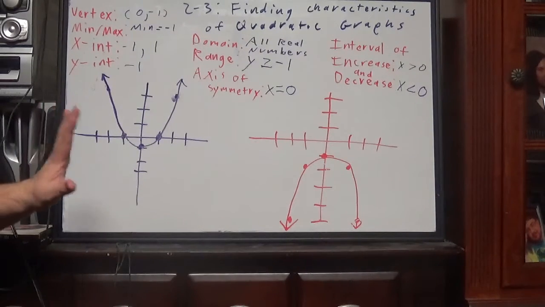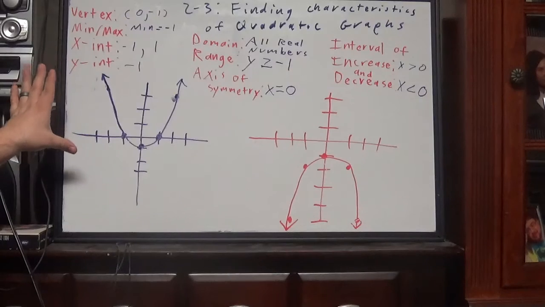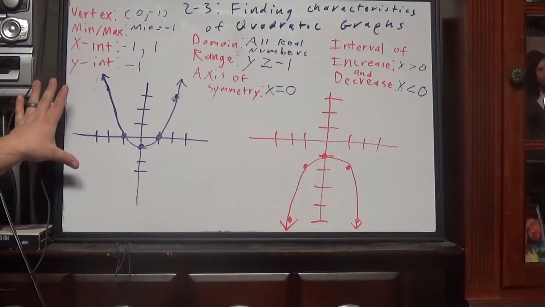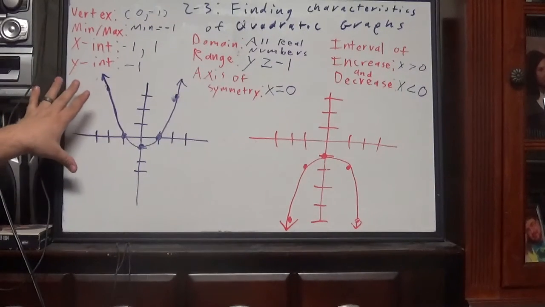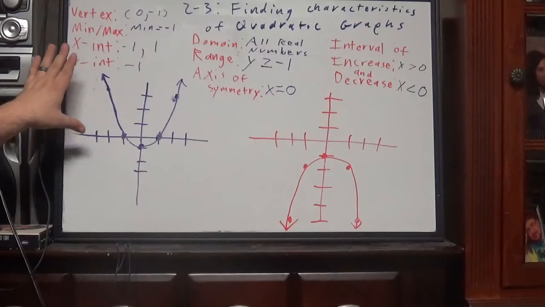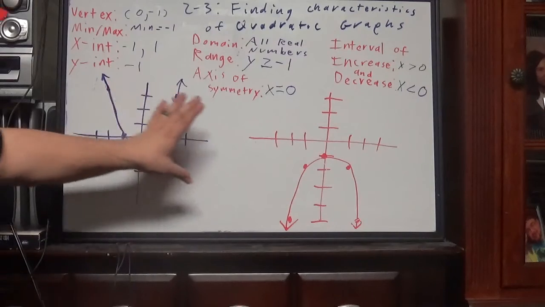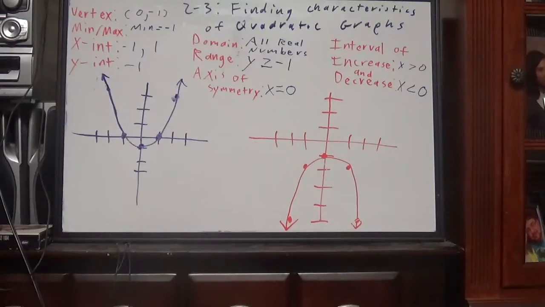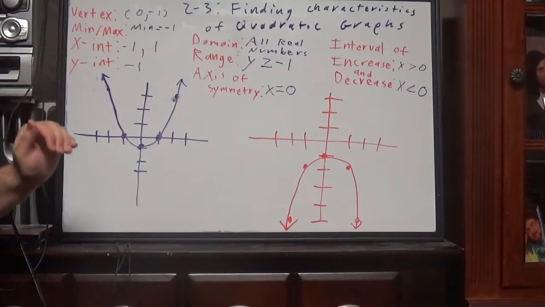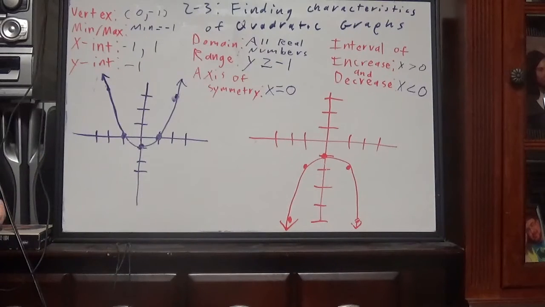Make sure you get an opportunity, if you need to write this down, go ahead. I'm going to switch now from this graph, the positive graph, to the negative graph. But I'm going to go position by position. I'll talk about each one and only change the ones that need changing.